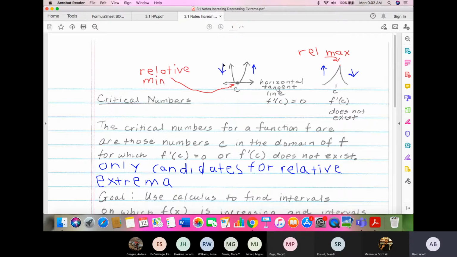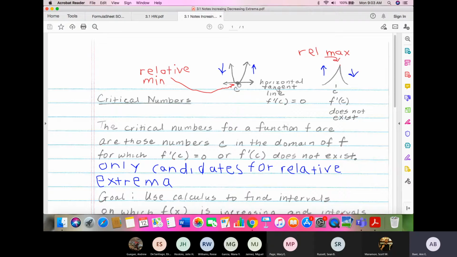So what happened at this point C here? There's a change from decreasing to increasing. There's a low point on the graph in a small region of the graph. There's what we call a relative minimum there, a relative minimum at C. As well, what does the tangent line at C look like?